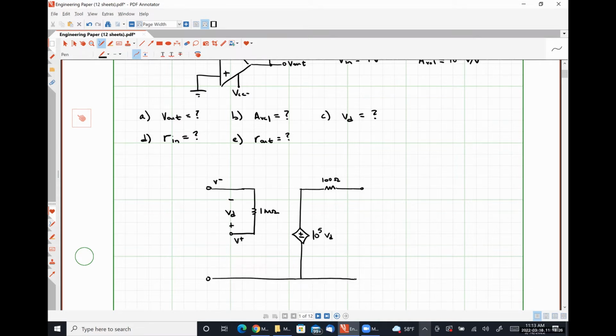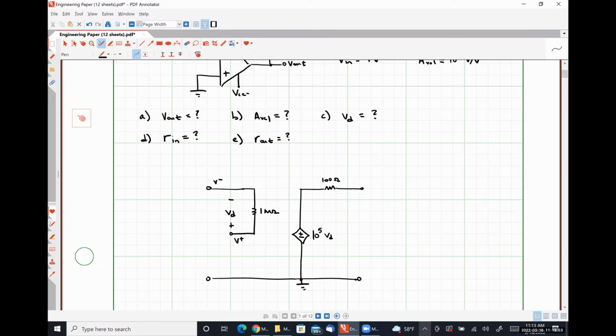And if I am not mistaken, I have successfully drawn my practical op-amp model. Now I just have to connect the external connections. So are we all okay with this, where this would be totally normal, except for the fact that I've flipped this resistor over? So I put V plus on bottom, V minus on top.